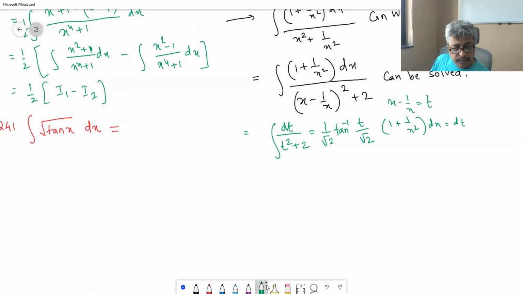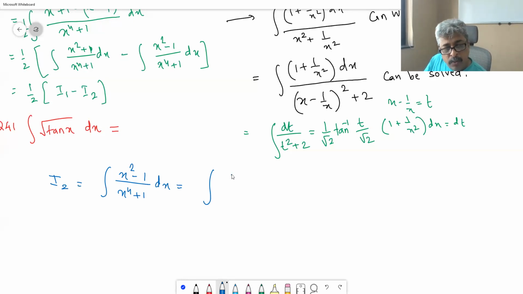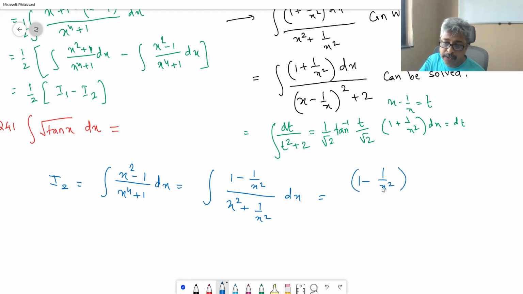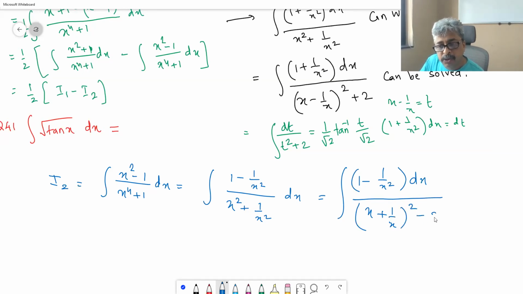Our I2 is going to be integral x square minus 1 upon x4 plus 1 dx, which is equal to integral 1 minus 1 upon x square divided by x square plus 1 upon x square dx, which is equal to 1 minus 1 upon x square dx integral denominator x plus 1 upon x bracket square minus 2.